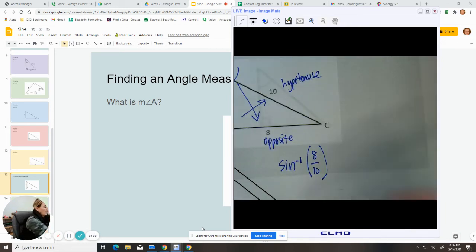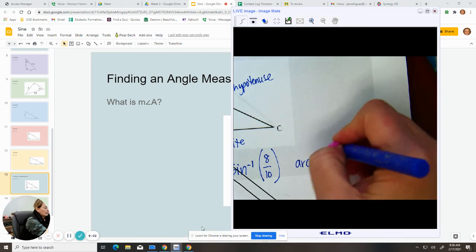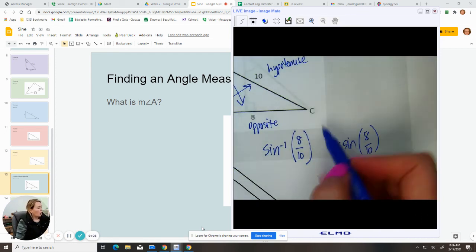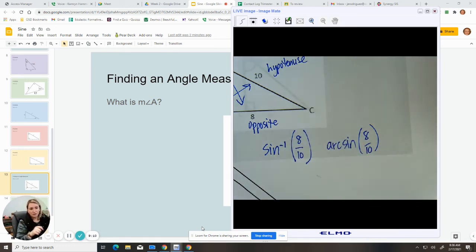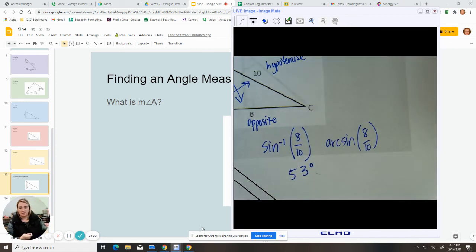Another thing you could type in is arc sine of 8/10 into Google, and it would do it for you. Arc sine is the computer way of saying your inverse sine. It's the exact same thing. So if we do that, 8 divided by 10, we end up getting 53.1 degrees.